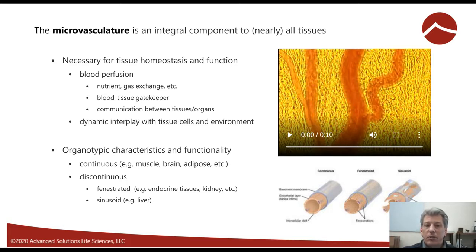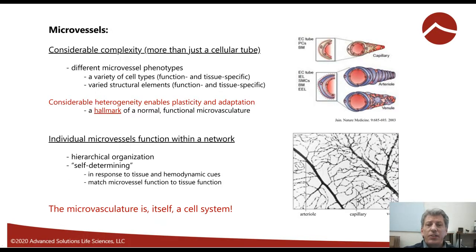And we think that's critical for that tissue function. It's also important to recognize that within the vasculature, we have multiple vessel types, not only in phenotypes, as I mentioned, with the continuous, discontinuous, fenestrated, sinusoidal, but also in the makeup of those vessels, and whether we're inflow, the arterial exchange, the capillary, the outflow venule, as well as all the different cell types, not only the different endothelium, which can vary depending on where you are in the vascular tree, but also those cells that constitute the microvessel wall.